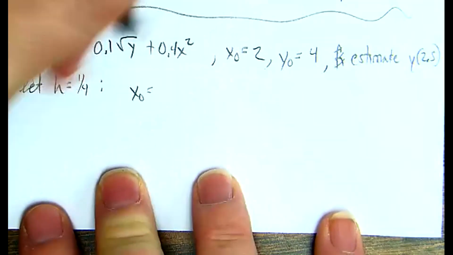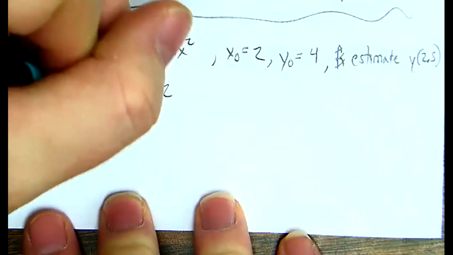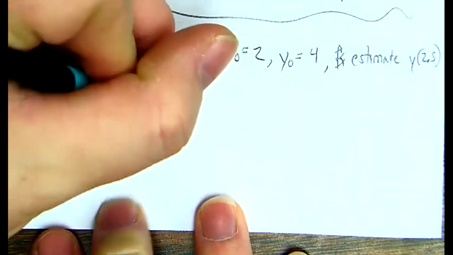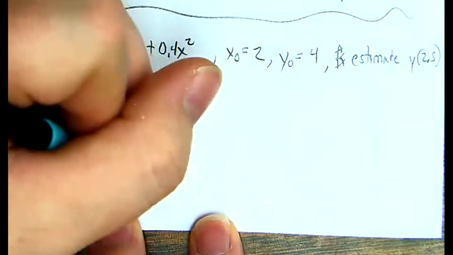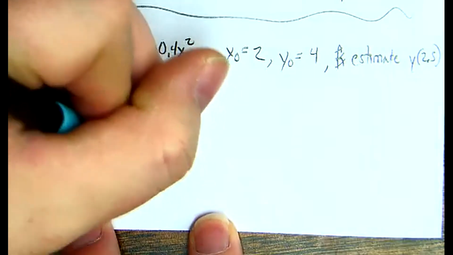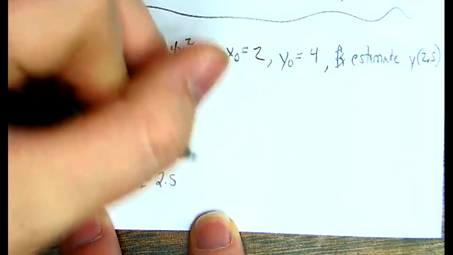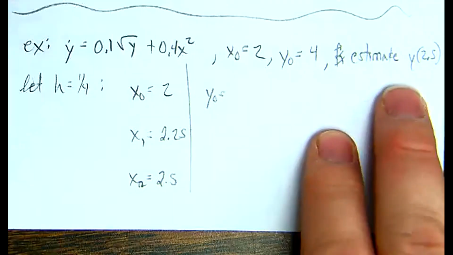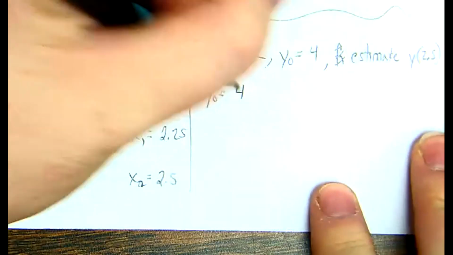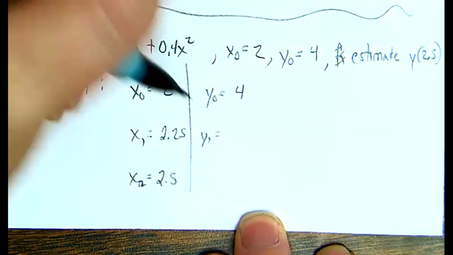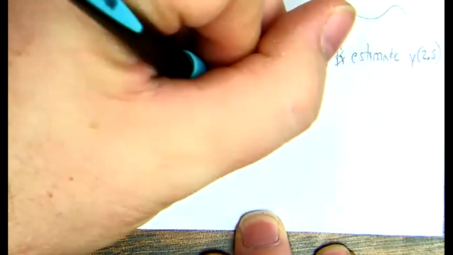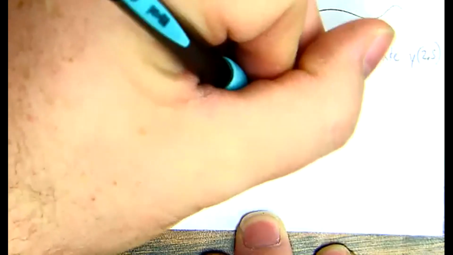So we have x0. Our initial x value was 2. Our next x value then is 2.25 because our step size is 1/4. And our next x value is 2.5. Our initial y value was 4. So our next y value is my previous y value plus h times f of my previous values, which was 2, 4.